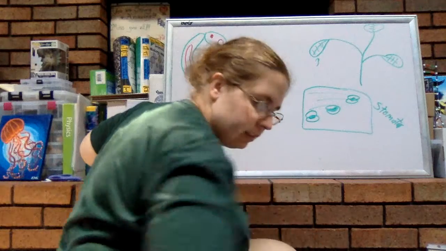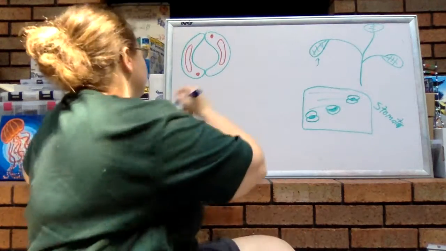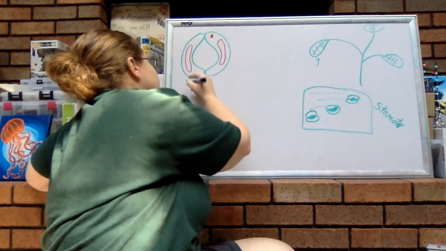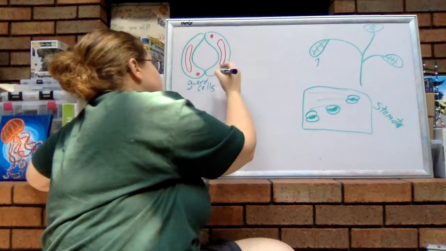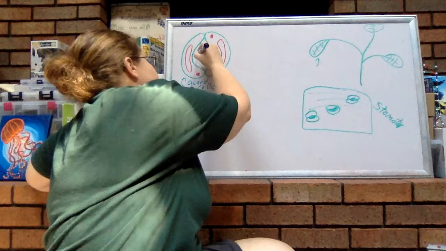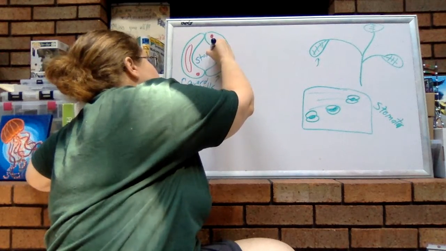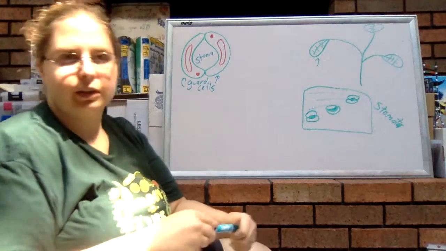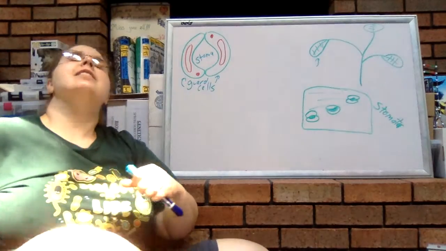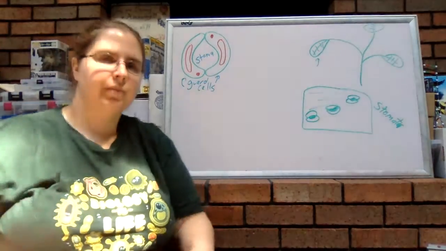So these are the guard cells, and this is the stoma.